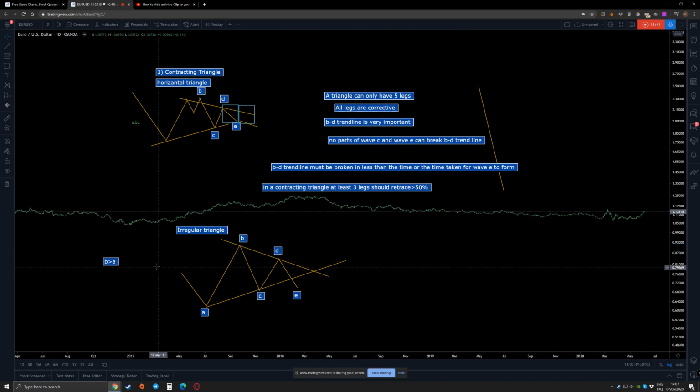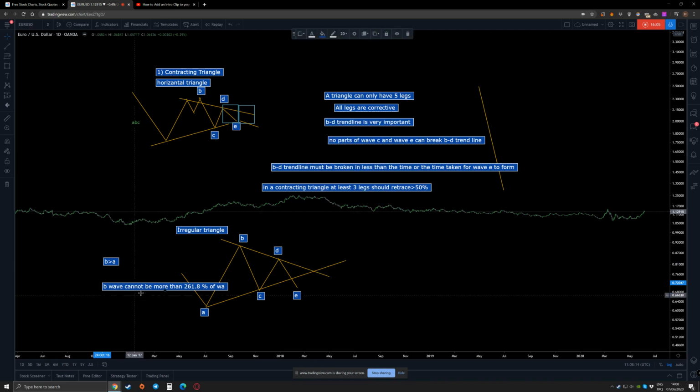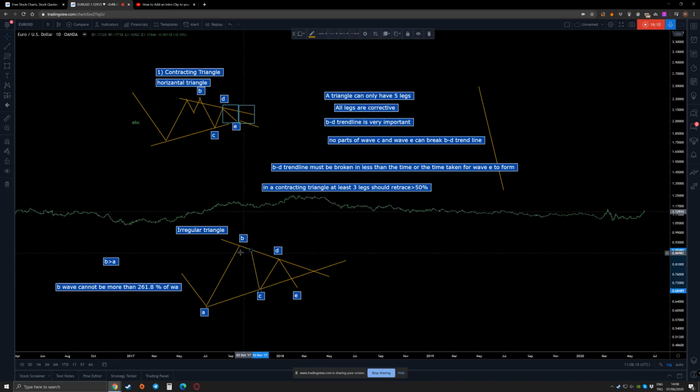Now in this irregular triangle, actually we have another rule too. This B wave cannot be more than 261.8% of wave A. Just because this B wave can be bigger than this A wave, it cannot be something like this, okay?